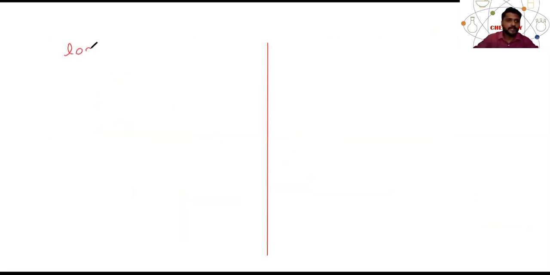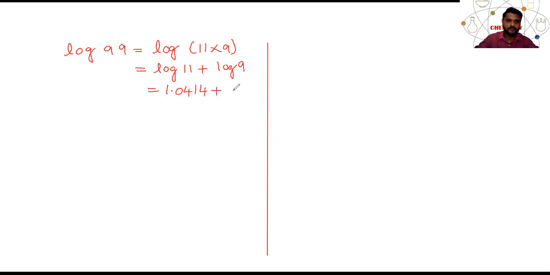Log 99 is equal to log 11 into 9, which is equal to log 11 plus log 9. Log 11 is equal to 1.0414, plus log 9 can be written as 3 to the power 2.